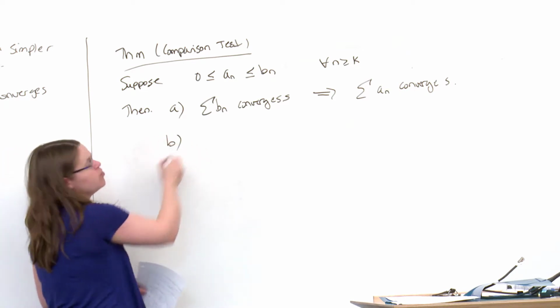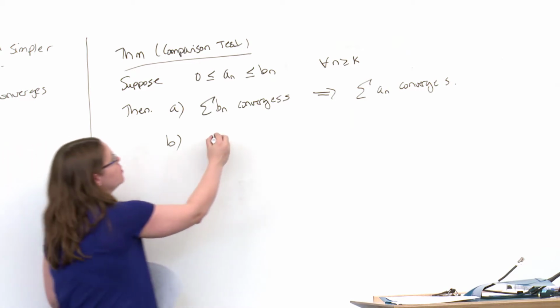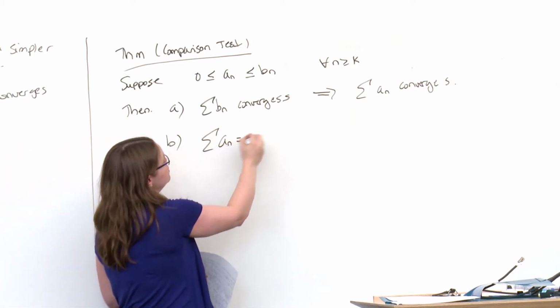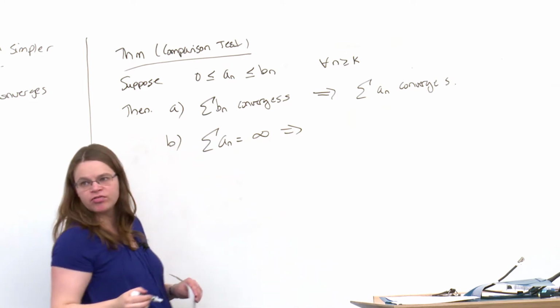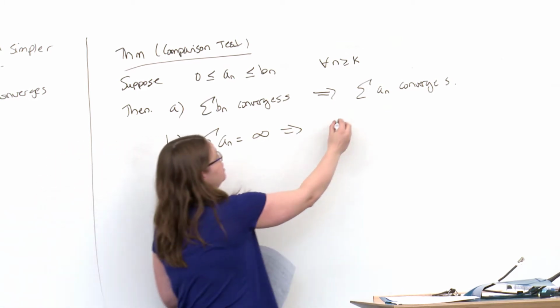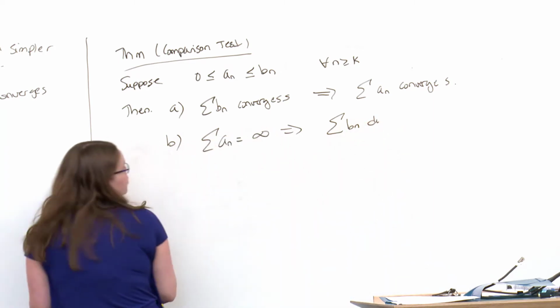And if we add up the smaller terms and it blows up on us, so if this sum diverges to infinity, then the bigger sum is also going to be forced to diverge to infinity. I'll write it the same way, equals infinity.